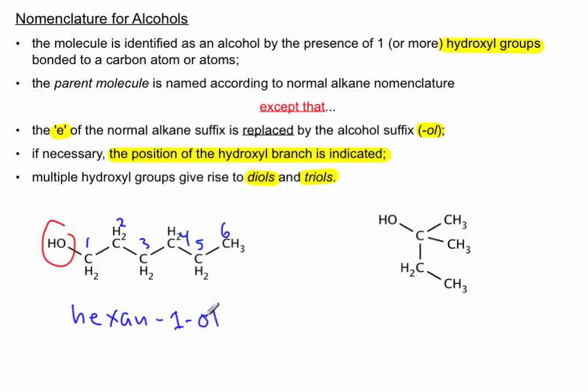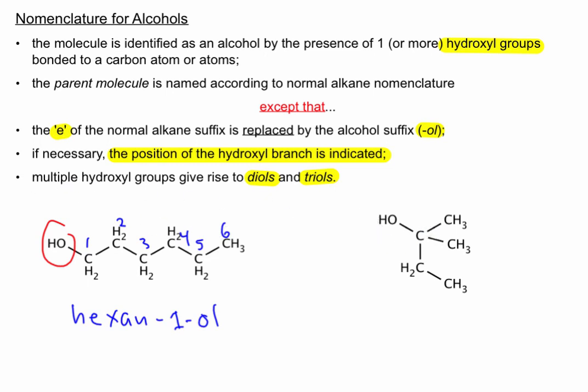So we've replaced the E with an ol, and we've indicated a number or a position with that number, which we would have to do. Isomers of hexan-1-ol, of course, then would be a simplest isomer, hexan-2-ol. We just move the OH group to carbon 2. Hexan-3-ol, and move it to carbon 3. So that's why we need the position.